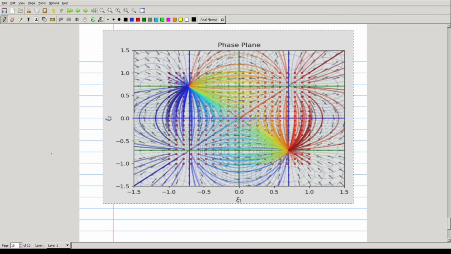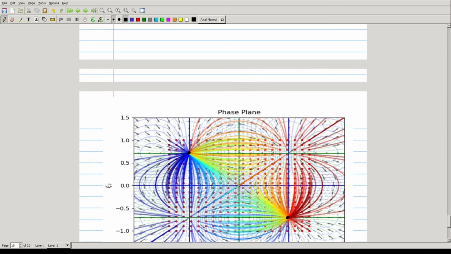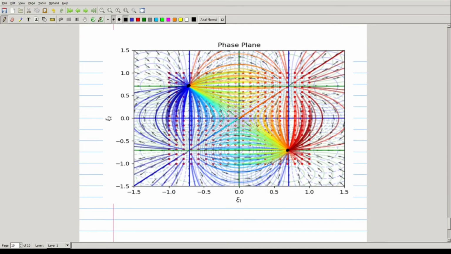Not only that, but the trajectory of the solutions seems very much to follow along with the behavior of this function psi, where we classified this point as a saddle point, these 2 points are local maxes, and these 2 points are local mins of our function psi. These are the asymptotically stable equilibrium points. All of the solutions are directly converging to these points, which is very, very neat.